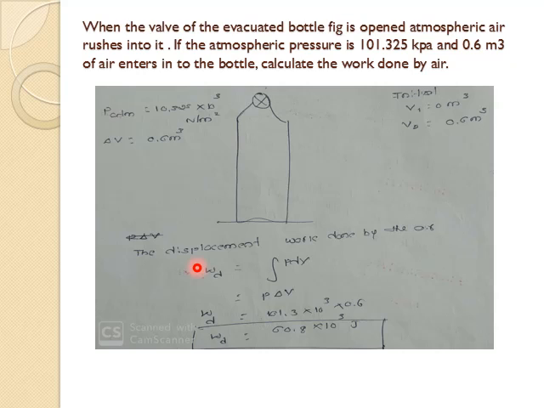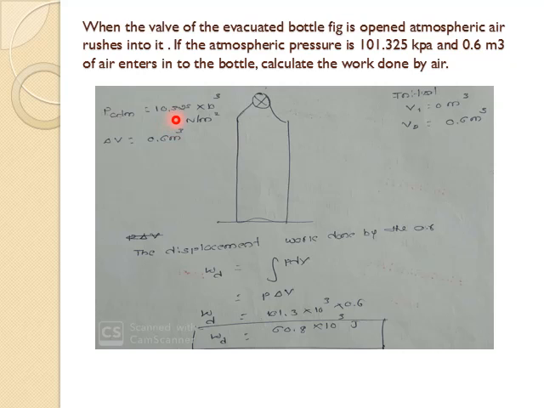Now during this process we need to find the work done. We know the formula for displacement work done by air: W equals the integration of P dV. This dV is nothing but the change in volume, so you can rewrite the formula as P into delta V, where delta V is the change in volume.